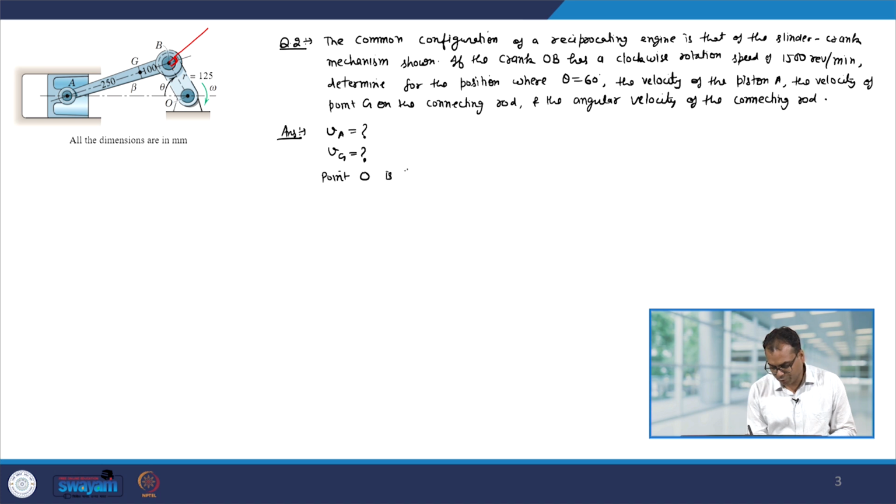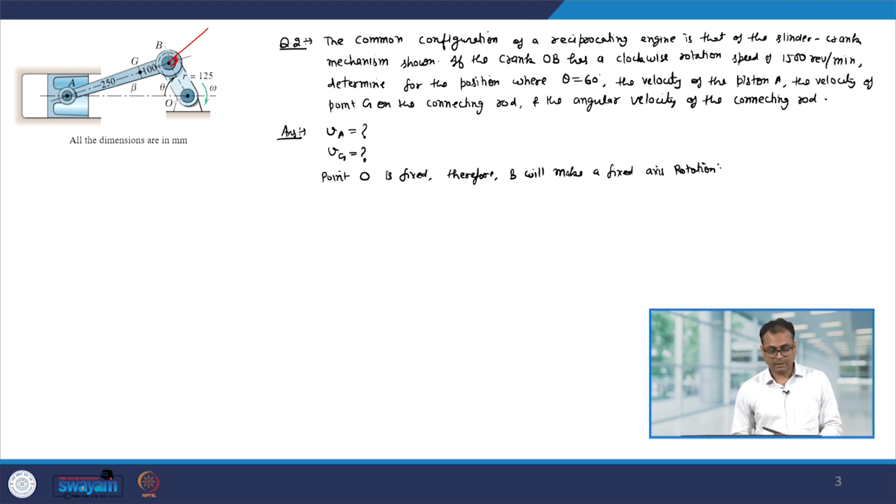Point O is fixed, therefore, B will make a fixed axis rotation. And therefore, the velocity of point B will be perpendicular to OB.